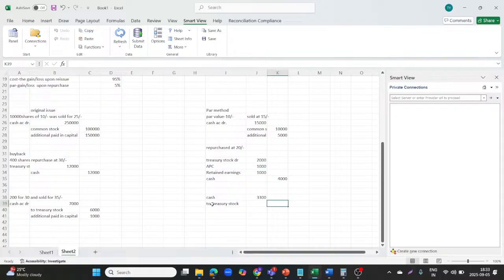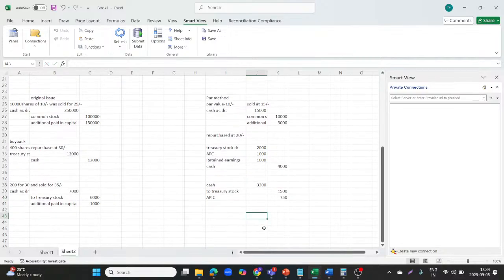Treasury stock will be credited, that means 150 into 10 was the par value, so 1500, and the remaining 750 will again be additional paid in capital.